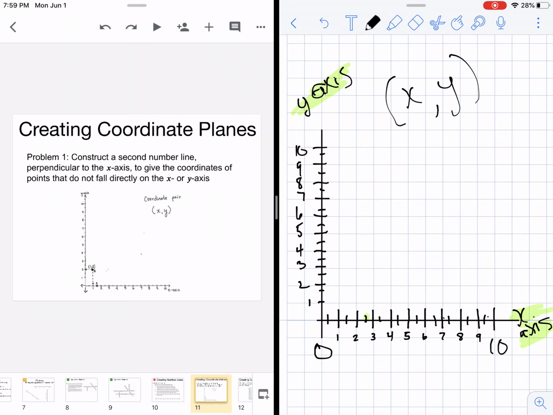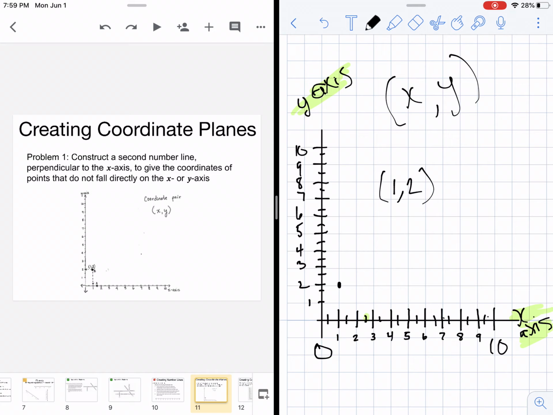So it's how far horizontally and then how far up vertically. So if I were to give you this point right here, you would tell me that the location of that coordinate point is 1, 2.